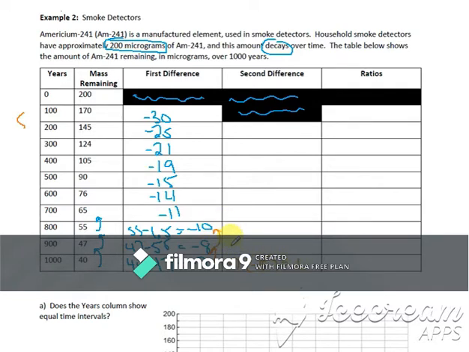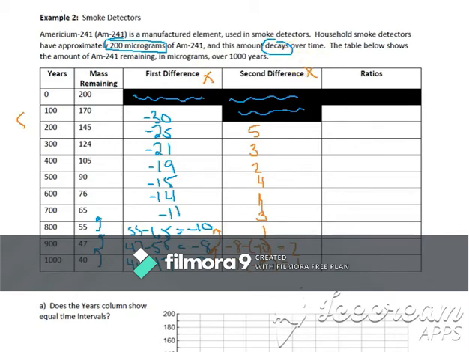Now negative 8 minus negative 10, remember the double negative turns into positive, so we get 2. If you keep going up, we get 1, 3, 1, 4, 2, 3, 5. Sorry, going back, first differences are not constant. So we try the second differences, those are not constant. Now we calculate the ratios.